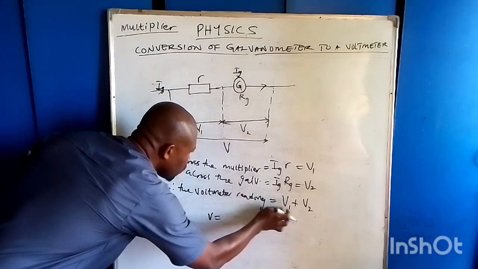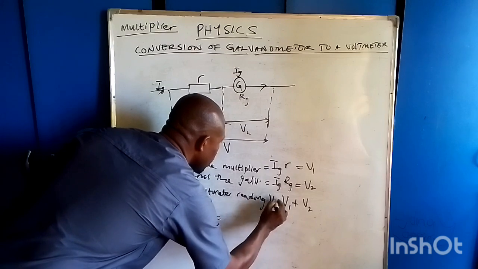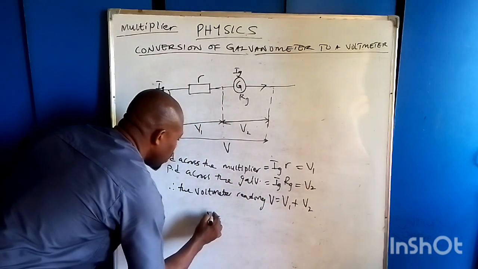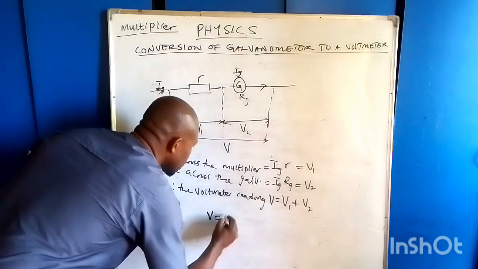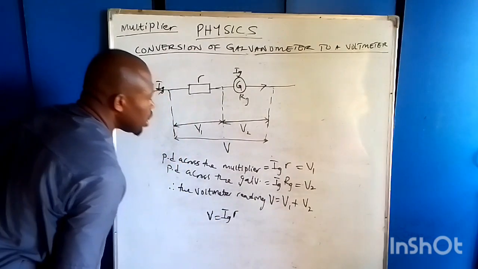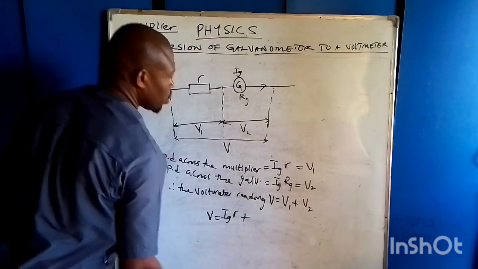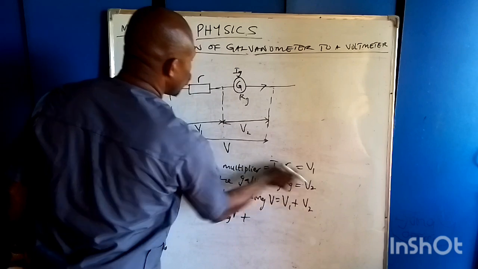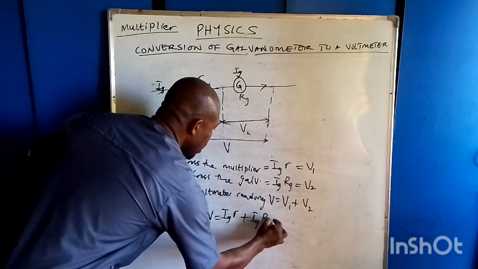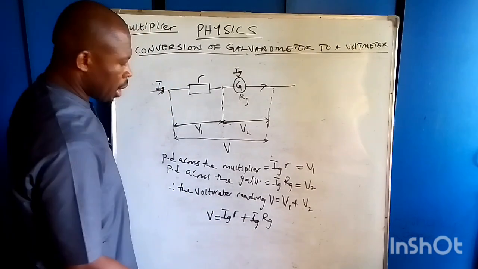The voltmeter reading V is equal to V1 plus V2. So V1 is the current through the galvanometer multiplied by the multiplier, plus V2, which is Ig multiplied by Rg. Now in this case, something is common there.